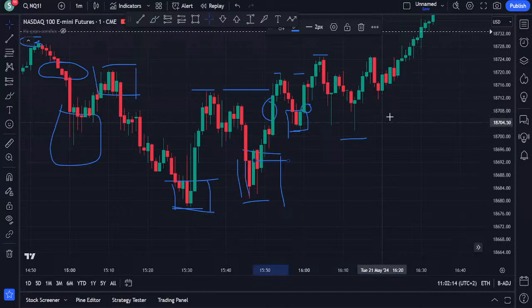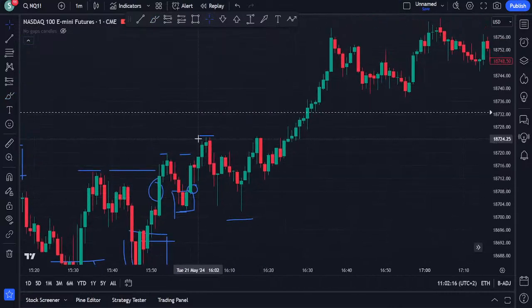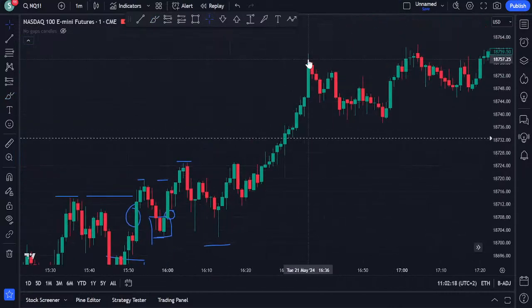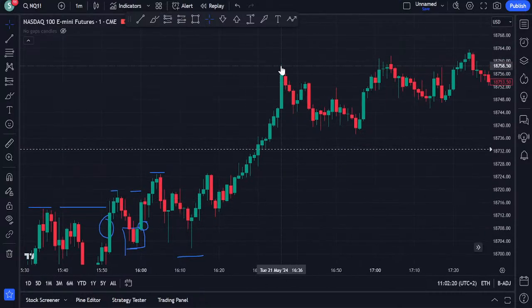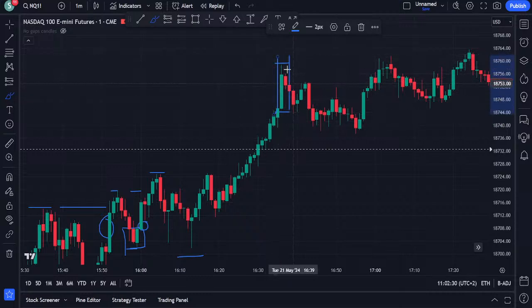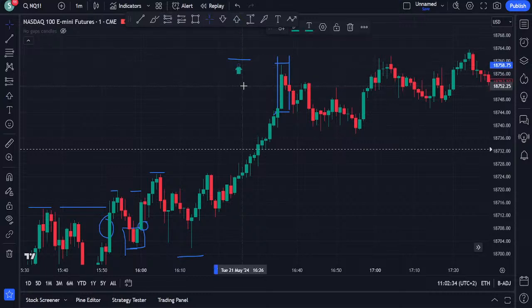Anyway, now look, we go up, so much green, yeah. Okay, here's where it becomes somewhat tricky, right? We go up, stopping with Harami, so we stop here, pretty much breaking it, right? Force stopped. See, this is what I mean. This is Harami formation.